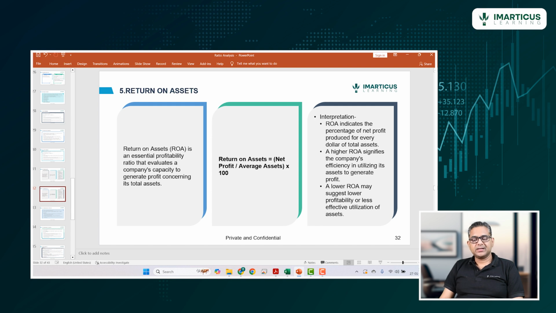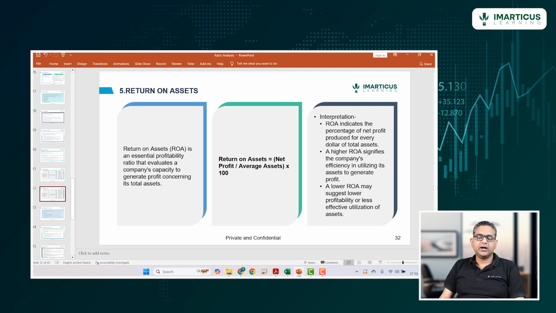So return on assets is net profit upon average assets into 100. Again, if you look at it, it's a mixed ratio, with the numerator being an income statement item for the period and the denominator a balance sheet item at a point in time.